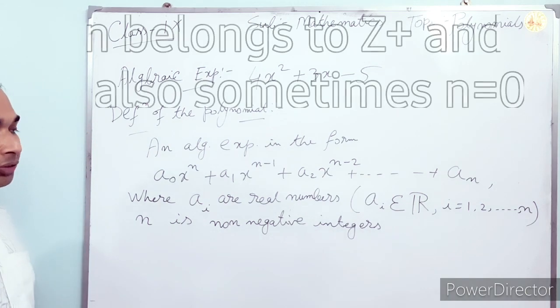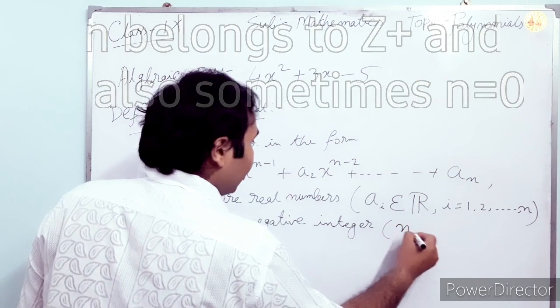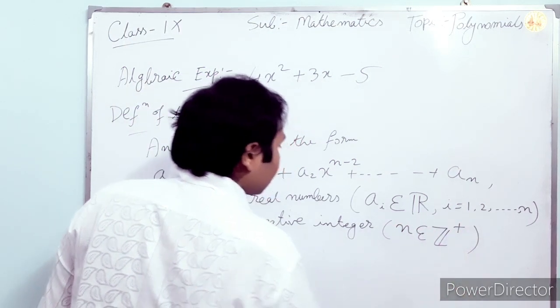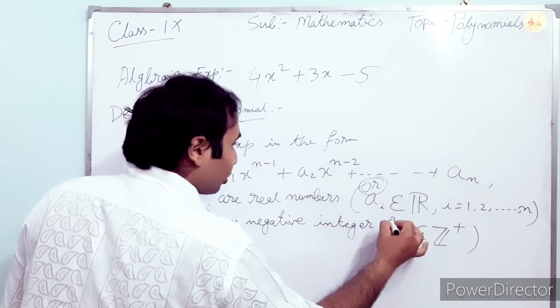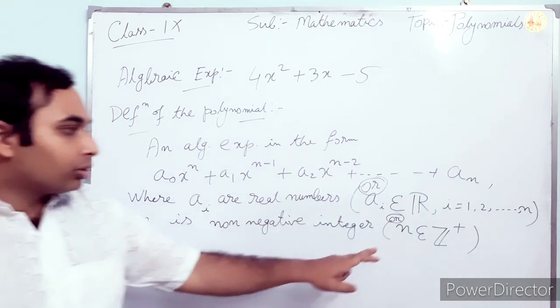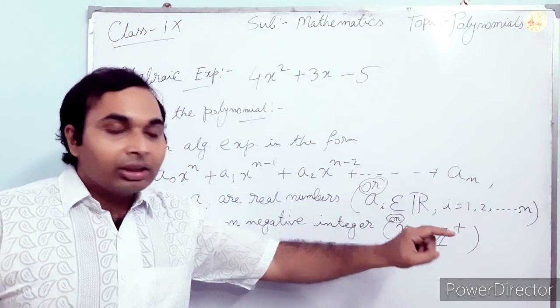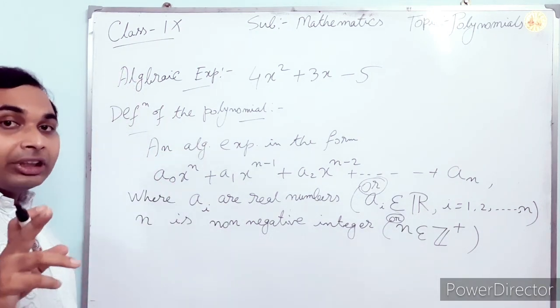Here we can write n belongs to Z plus. You can write this one or that one. So n belongs to Z plus, that is n is the non-negative integer. You have to keep in mind, n is a non-negative integer.